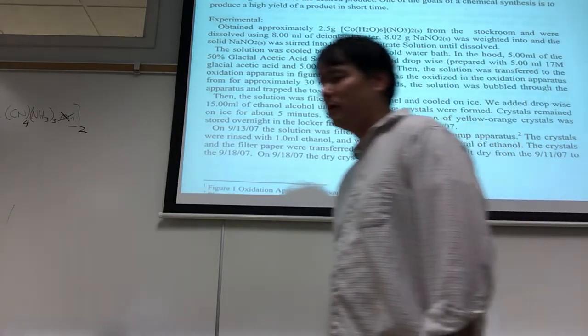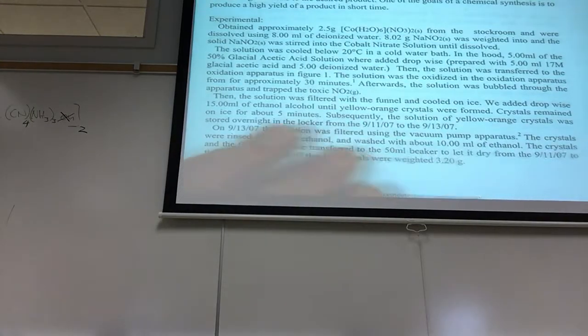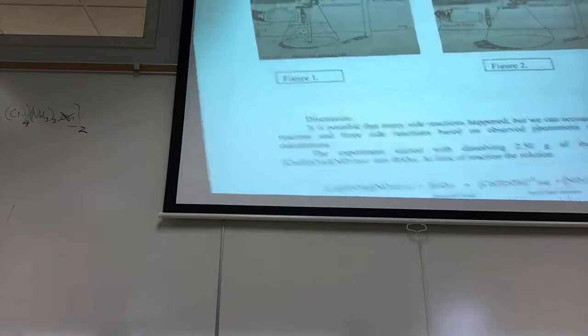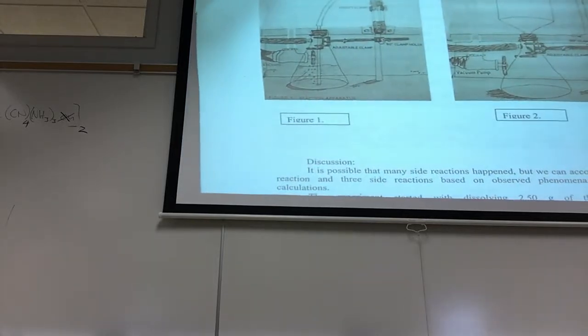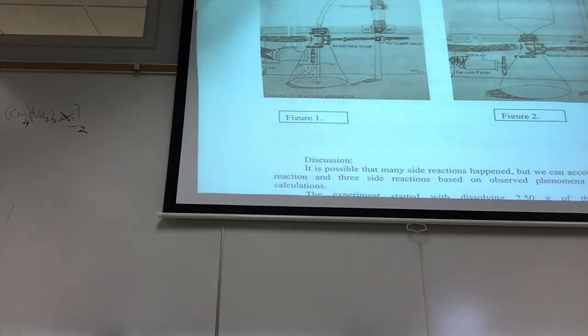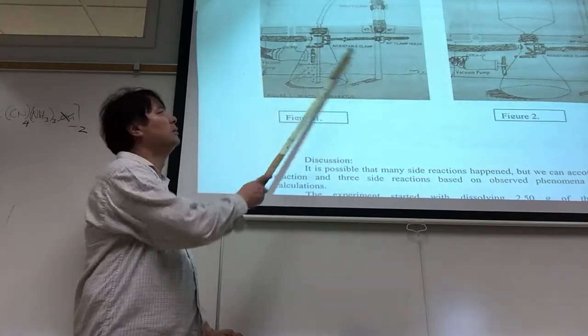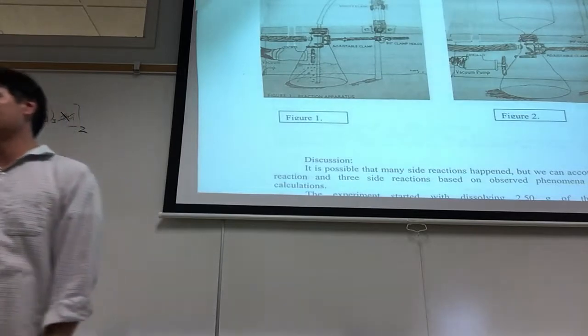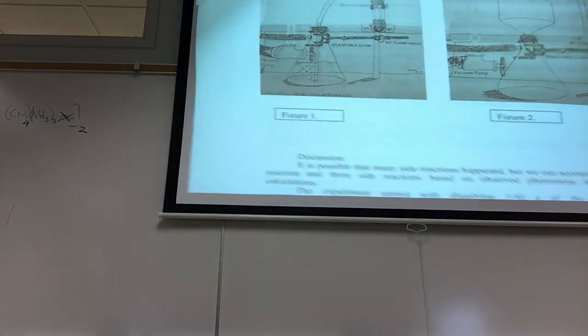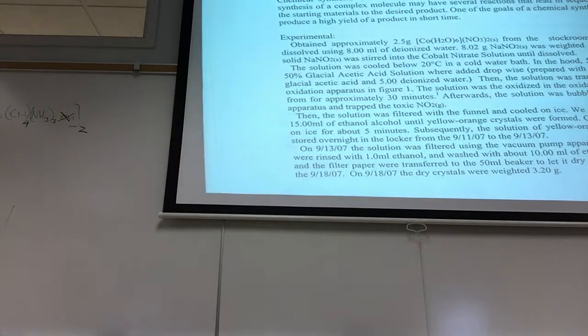So let's take a look at Figure 1's oxidation apparatus here. These were from the procedure for the cobalt synthesis, which isn't in our lab manual. It's a handout. So those were the figures, and they just, I don't know what they did, scanned it or whatever.